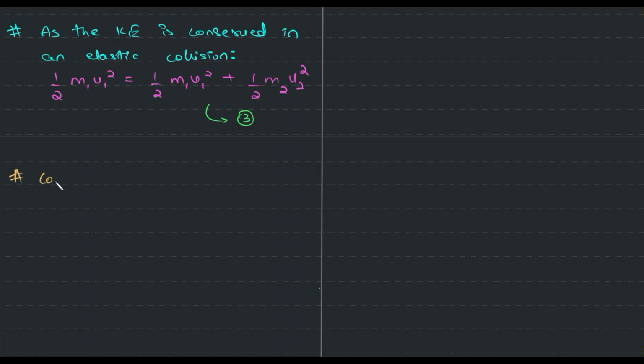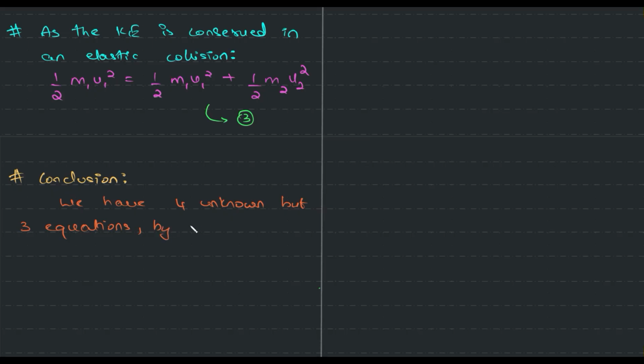So the conclusion: we have 4 unknowns but 3 equations, 1, 2, 3.